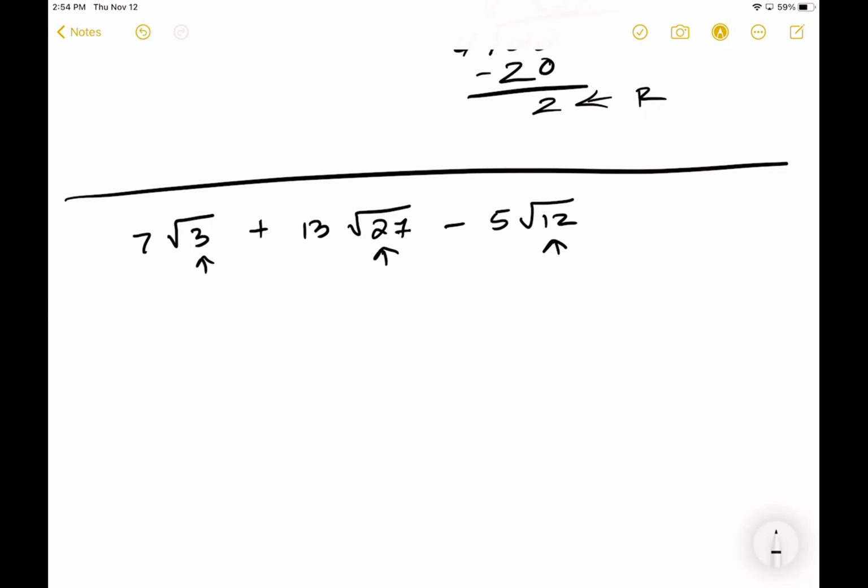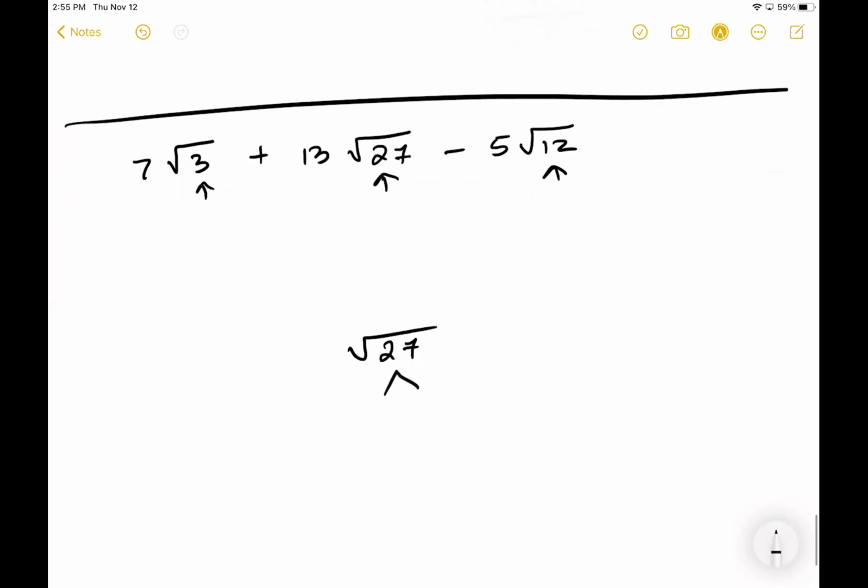Instead of saying that this is our answer, what you need to ask yourself is: inside 27, is there a perfect square? Inside the 12, is there a perfect square? So let's dissect the square root of 27.